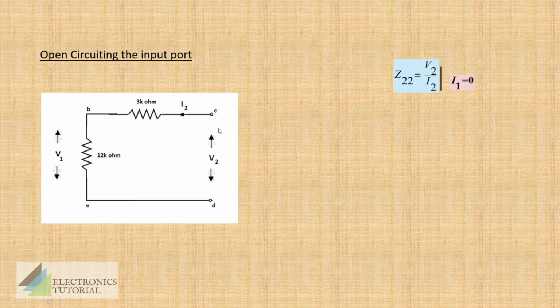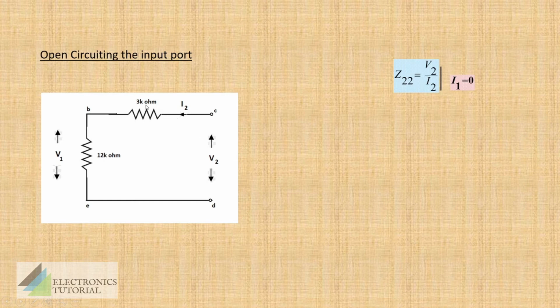Here, V2 acts as a voltage source and a voltage drop occurs across each resistor. KVL equation will be like total voltage is equal to sum of voltage drops. The voltage drop across first resistor can be expressed as V is equal to IR, that is I2 into 3K.